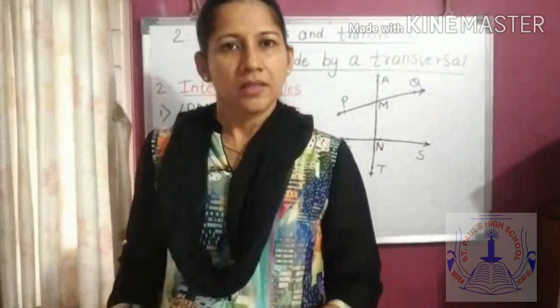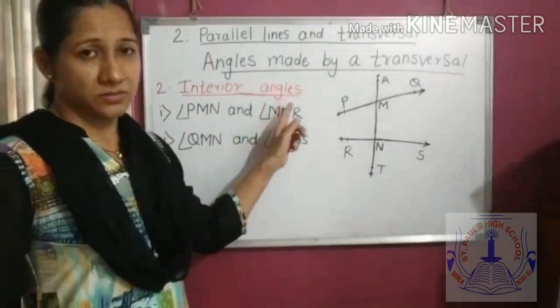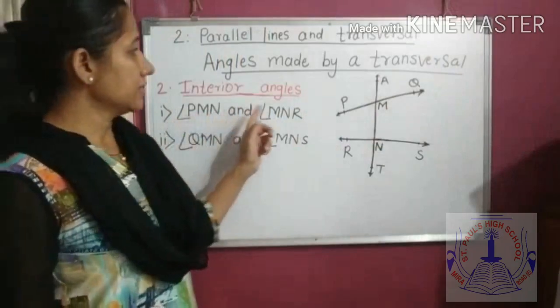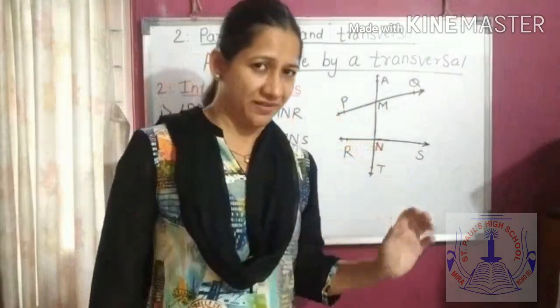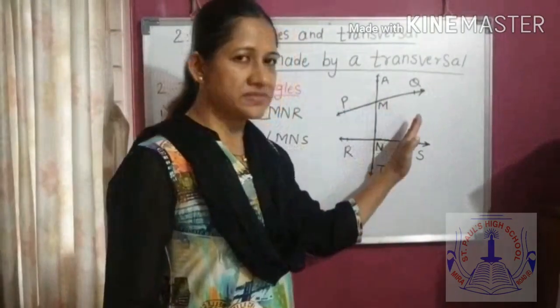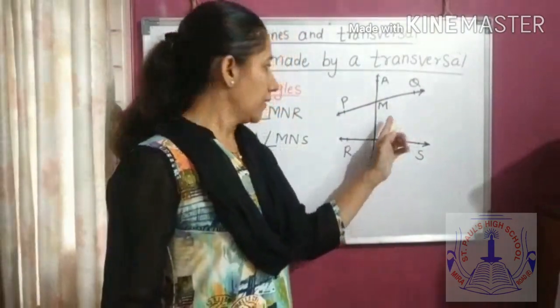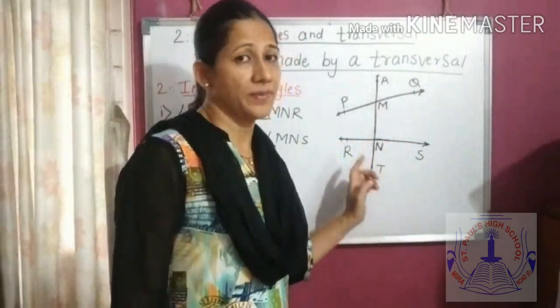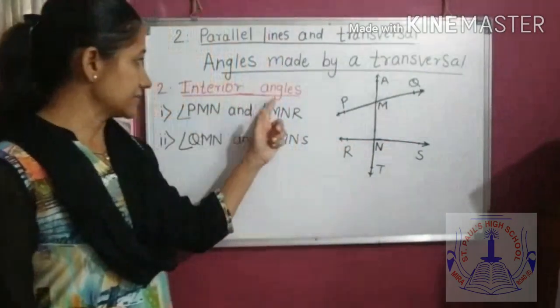Students, now the second one is the interior angles. Corresponding angles we have just studied. What are these interior angles? As per the definition, if a pair of angles are on the same side of the transversal but inside the given lines, then that pair is called a pair of interior angles.